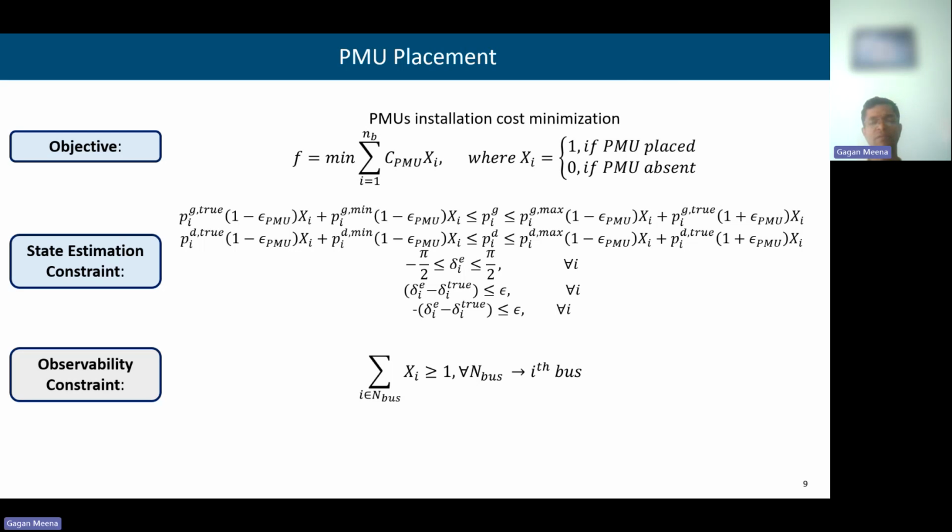Now we have two types of constraints here. One is the observability constraint and second is the state estimation constraint.